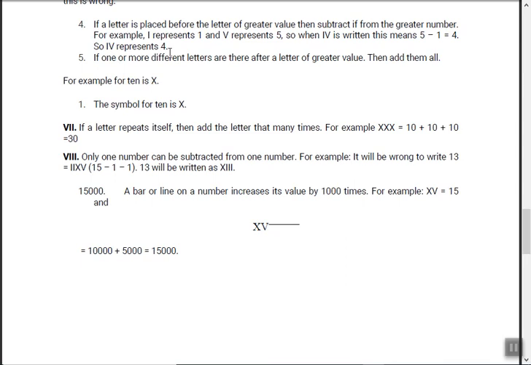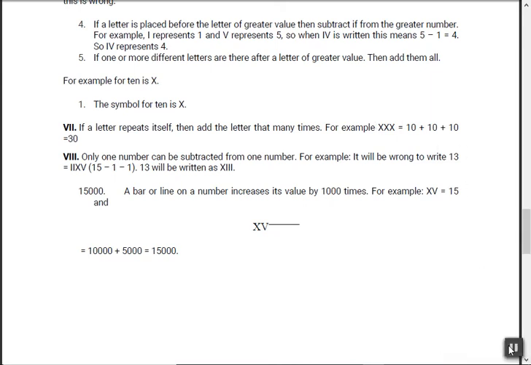It's not written V and 1, 2, 3 up to 8, it's V with 1, 2, 3 lines. But 9 is IX. Okay, so let's move on now. Suppose there is XXX, it means add 10 plus 10 plus 10. Suppose it is XV, then it is 10 plus 5 and like that.